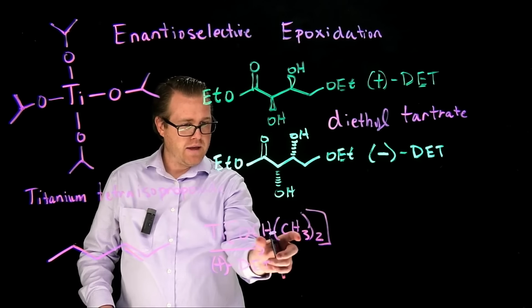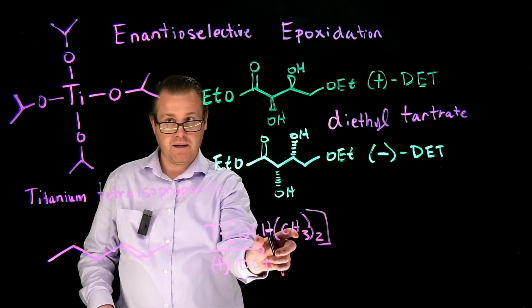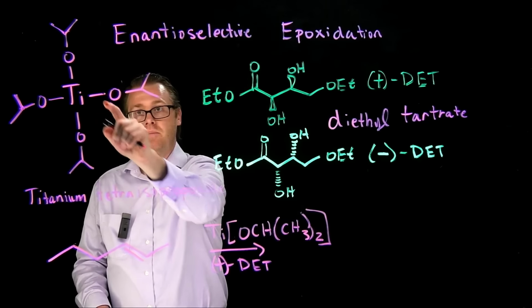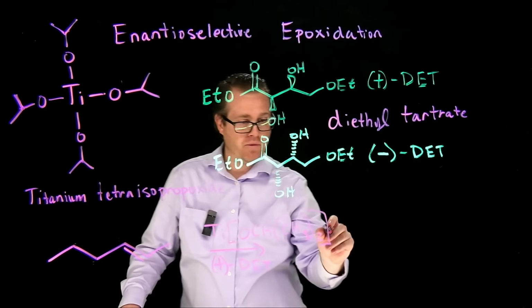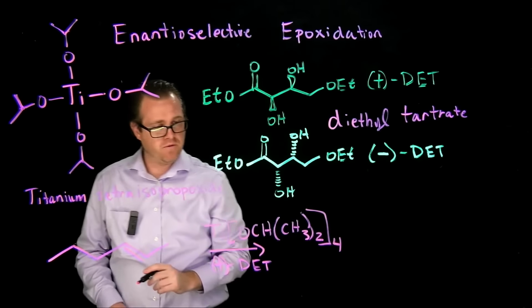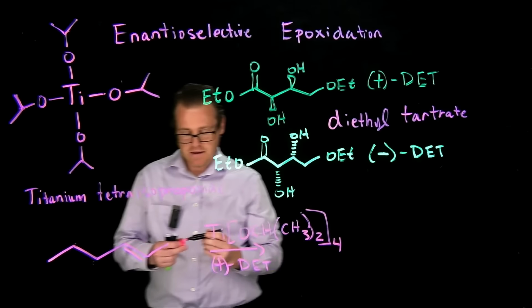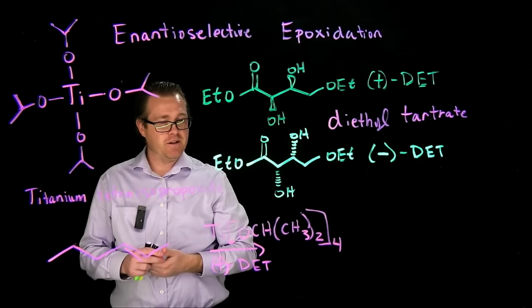Okay, so that piece in the parentheses is this whole piece right there. And how many do we have of those? Four of those. Okay, so we got a lot of reagents here.